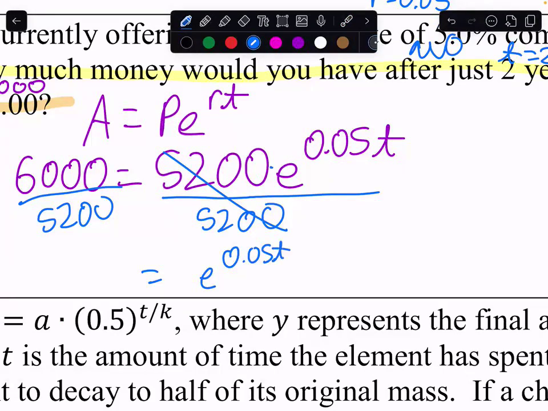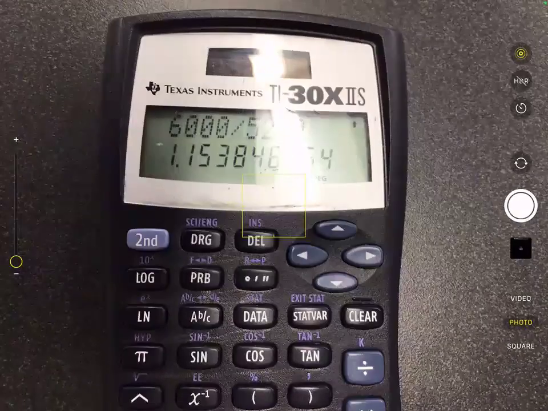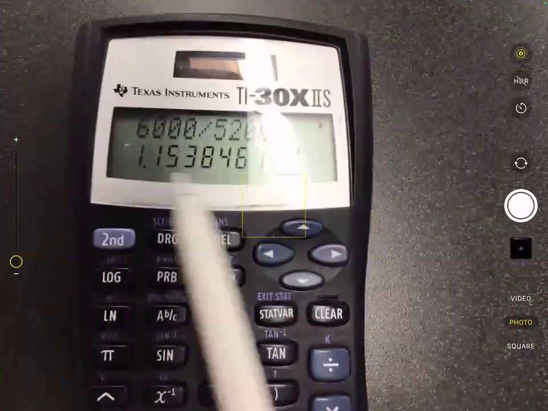Okay, so on the left side, if I were to type 6,000 divided by 5,200 into my calculator, it gives me a long decimal that goes off the edge of the screen. Okay, so you never want to round mid-problem, right? So I would not want to just call it 1.15 or 1.1538.